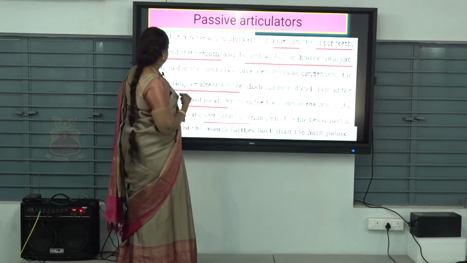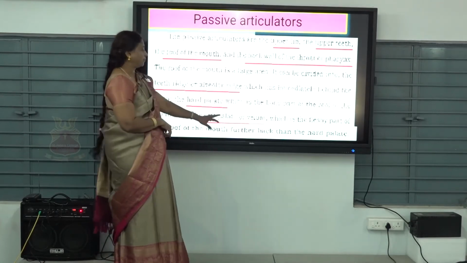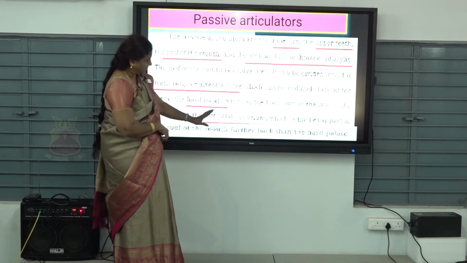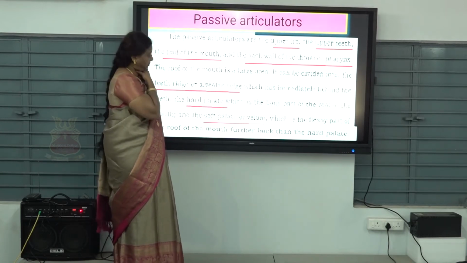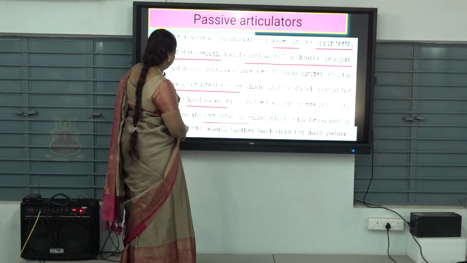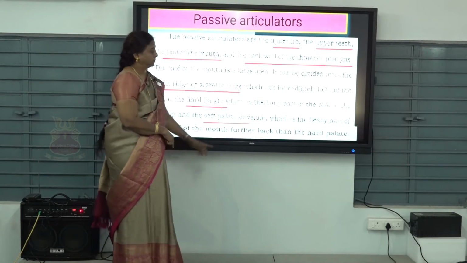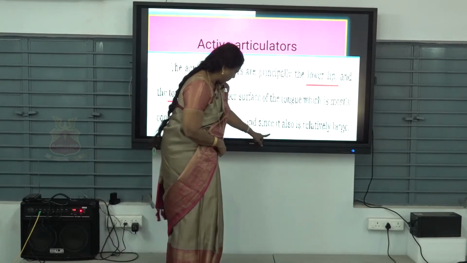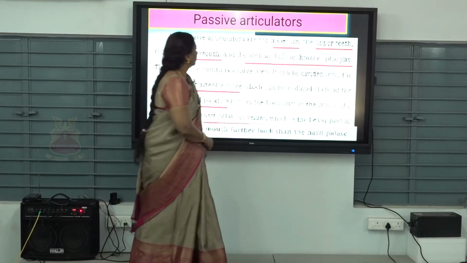And then the hard palate. Actually, the soft palate. Some people say that it is also not moving, but it actually moves. It comes with the active only. The fleshy part of the roof of the mouth further back than the hard palate.